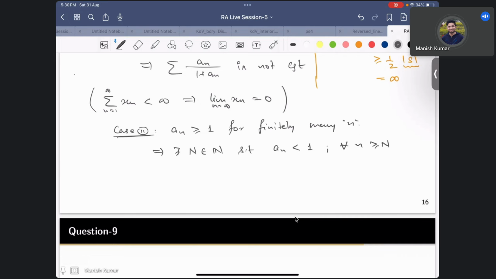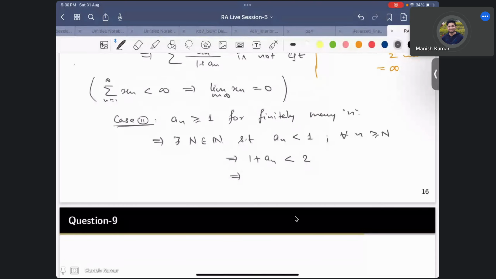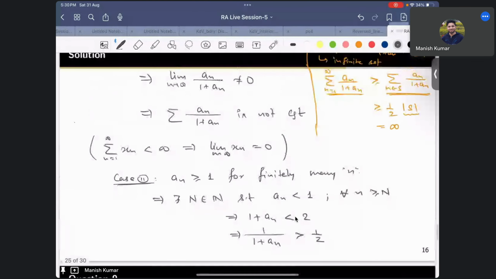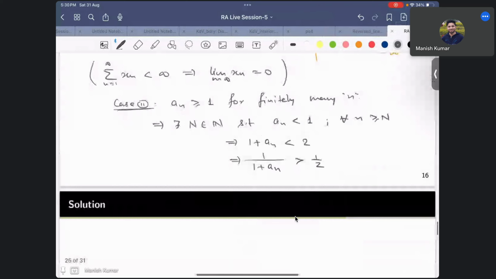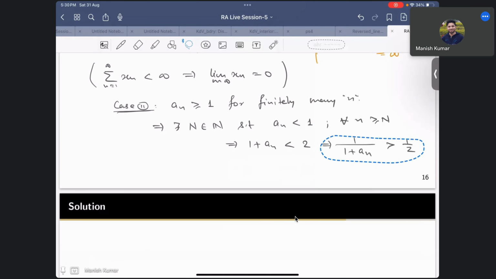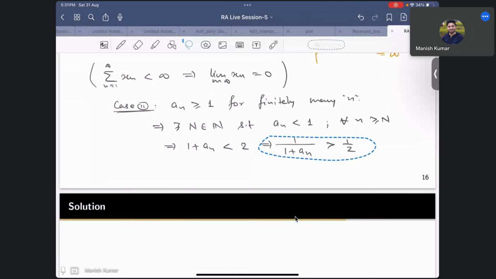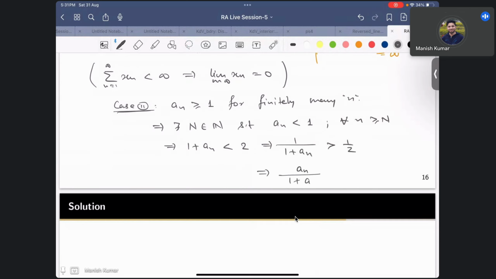After that, it has to be less than 1. This would mean that 1 plus an is less than 2, and this would mean that 1 upon 1 plus an is greater than half, and thus, I'll just multiply by an here. So an upon 1 plus an is greater than or equal to an by 2.